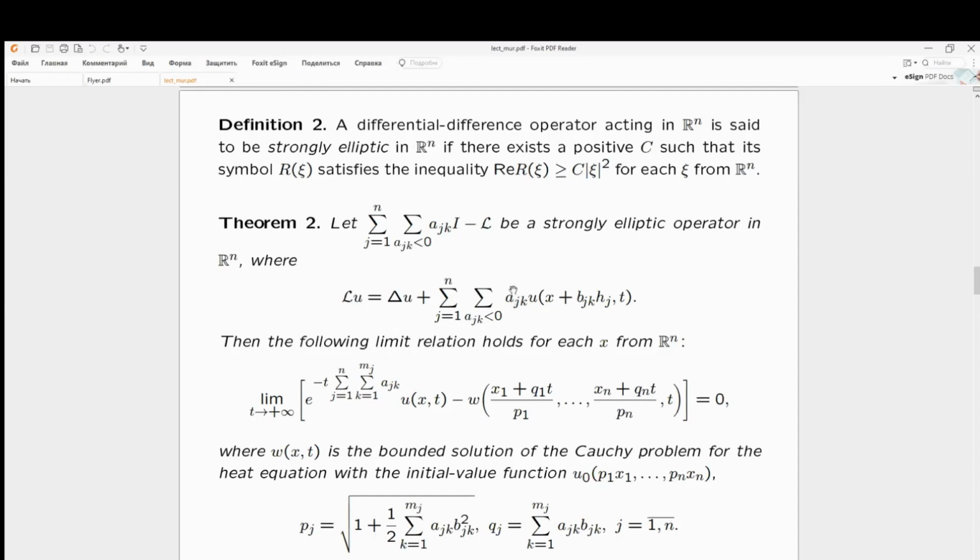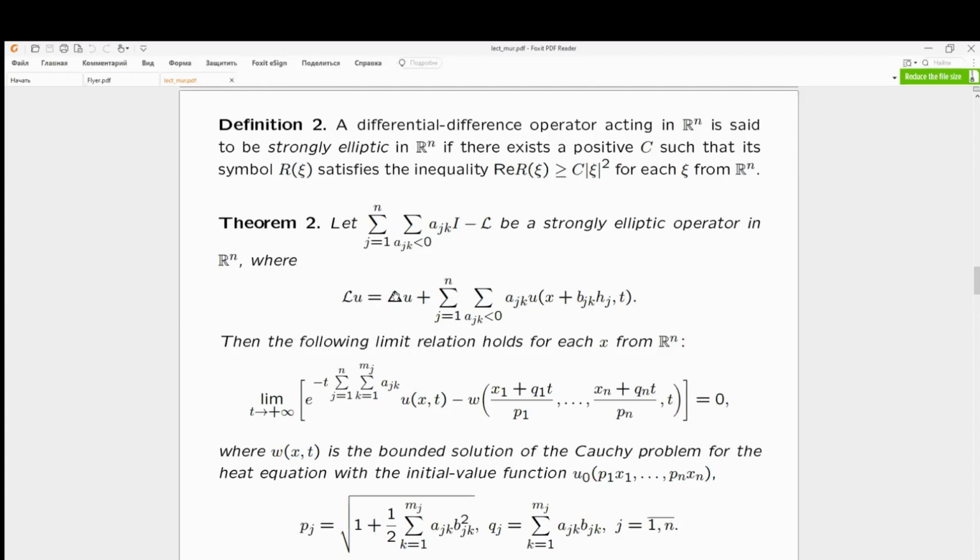And the theorem about the asymptotic behavior of solutions is as follows. We assume that such an operator is strongly elliptic in Rn, where L calligraphic is the following operator, where L calligraphic acts as follows.